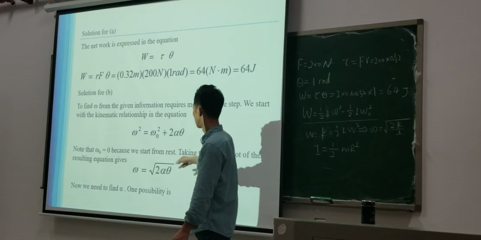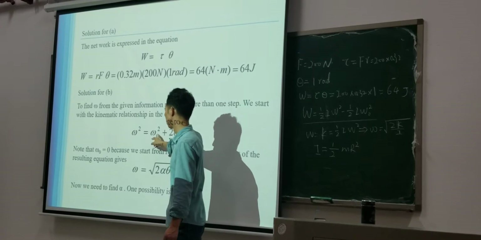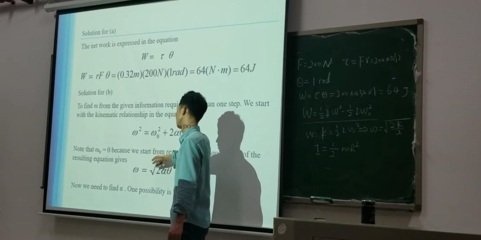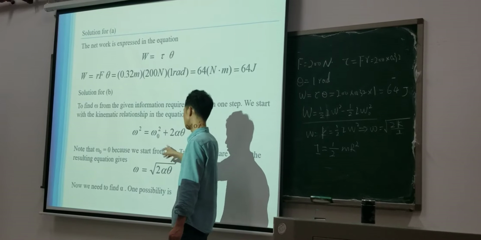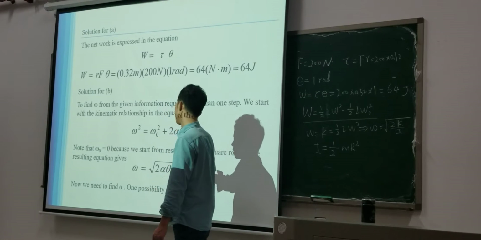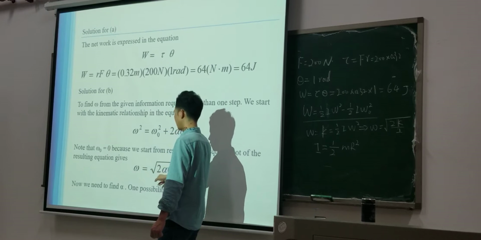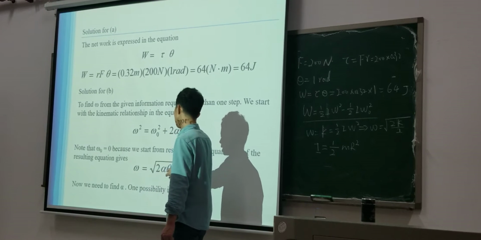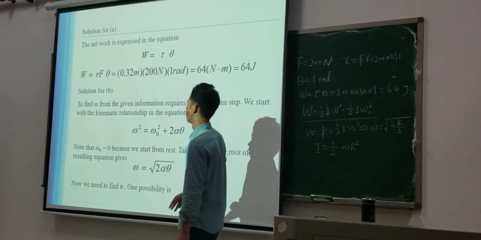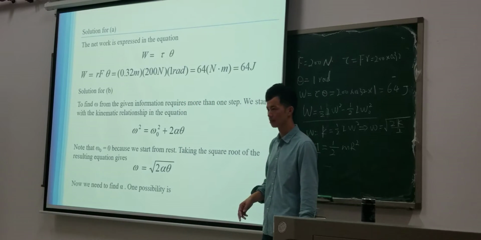Because omega 0 is 0, since we start the disk from rest, this term is 0. So the final angular speed is root 2 alpha theta, where alpha is the angular acceleration and theta is the angular displacement.